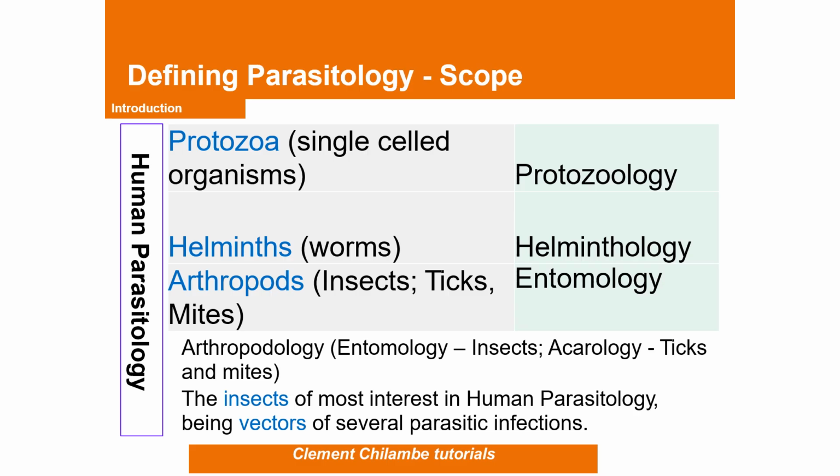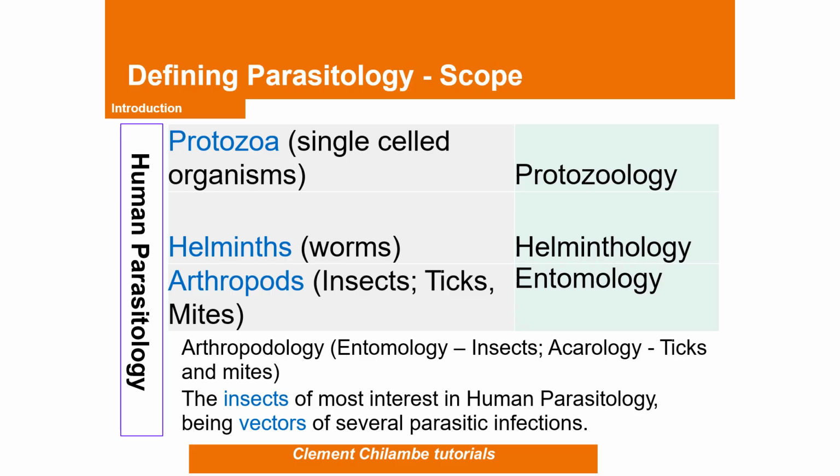When we talk of helminths, we are talking about worms, which fall in the category of helminthology. And then arthropods, when we refer to insects, ticks and mites, make up the entomology part of it, the arthropodology.